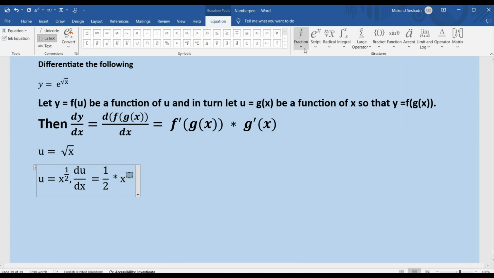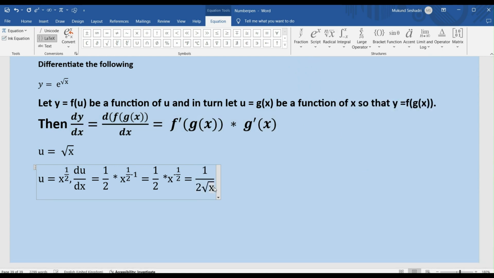And what is my half minus 1? Which is a minus half. I have it as 1 by 2 into x to the power minus half, and my x to the power minus half can be written as 1 by x to the power half. So it is nothing but 1 by 2 root x.